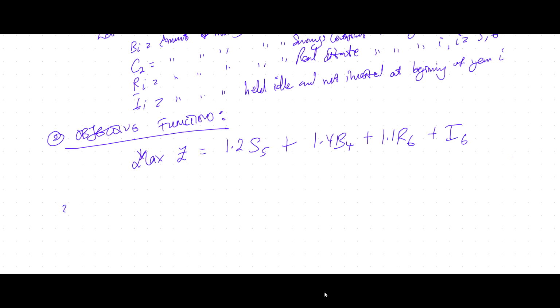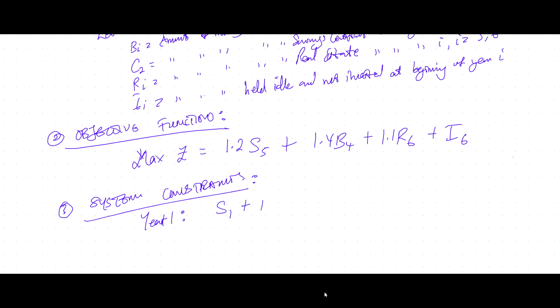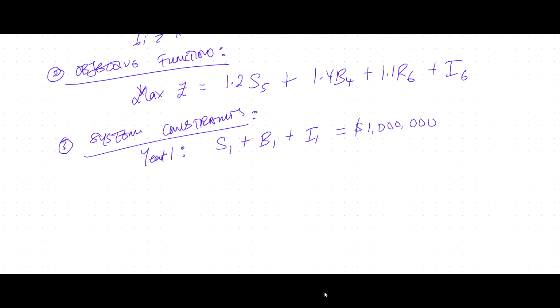So when we come to the 3, which is the system constraints, the first one will be in year 1. In year 1, we are investing in stocks, we are investing in bonds, and we have money which is idle. And this will be equal to the 1 million that we have. This is the first constraint.